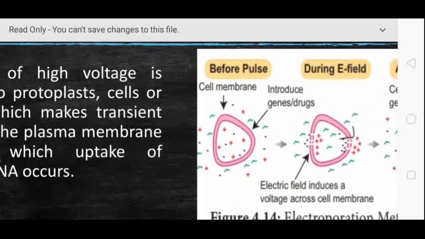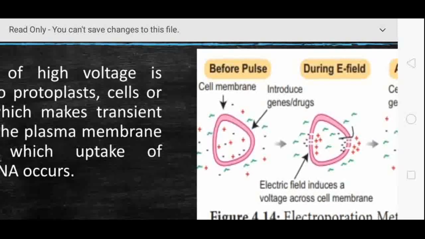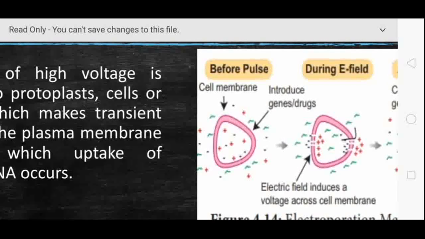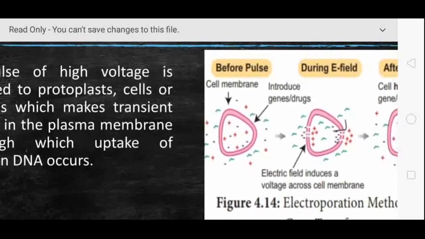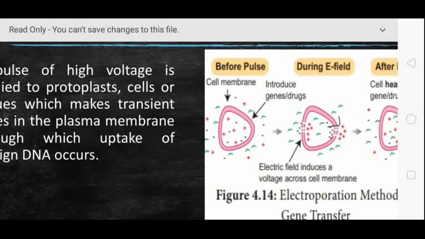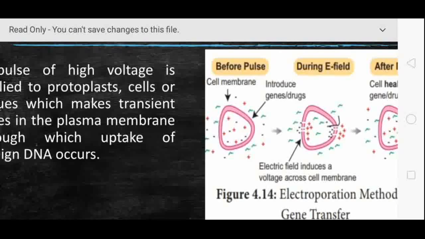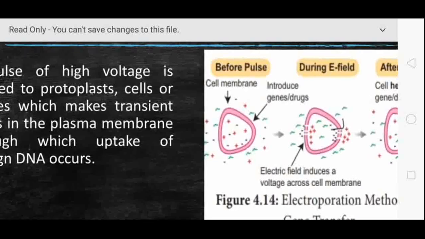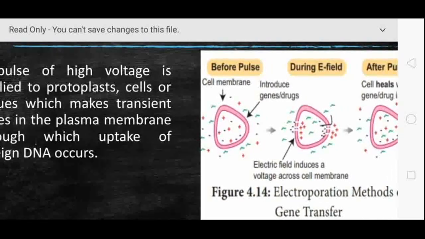Inside the cell, the positive charge is present here and there. After introducing the high voltage of charged particles, the cell membrane can produce some temporary holes, which can be seen in the second diagram.